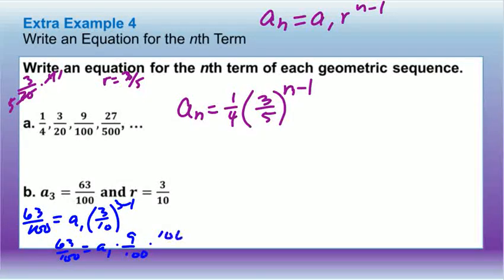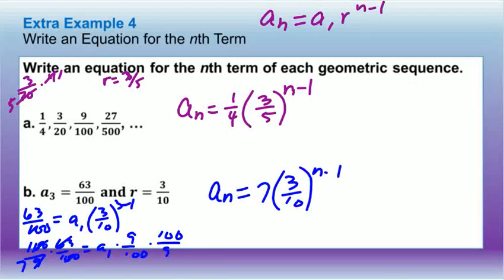To get that by itself, multiply by the reciprocal, which will give us 7. So a subscript 1 is 7, so I have a subscript n equals 7 times common ratio of 3/10 raised to the n minus 1 power.